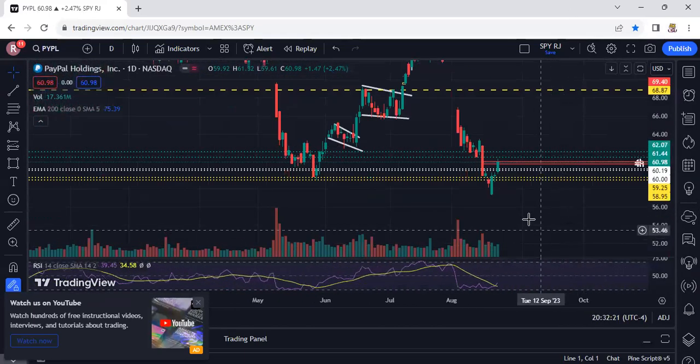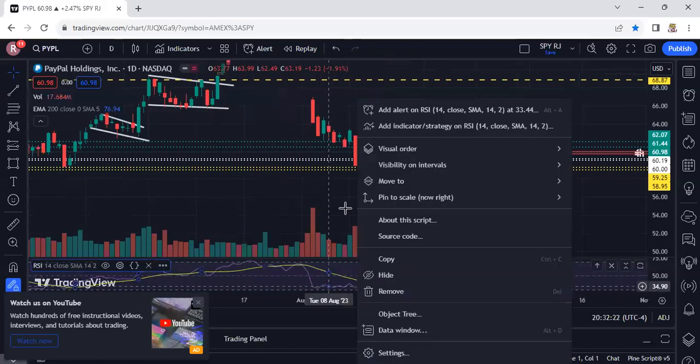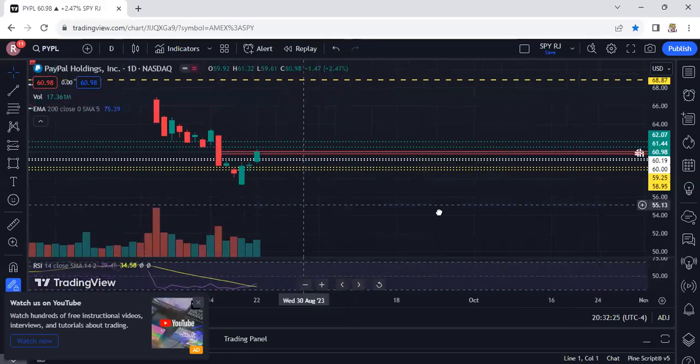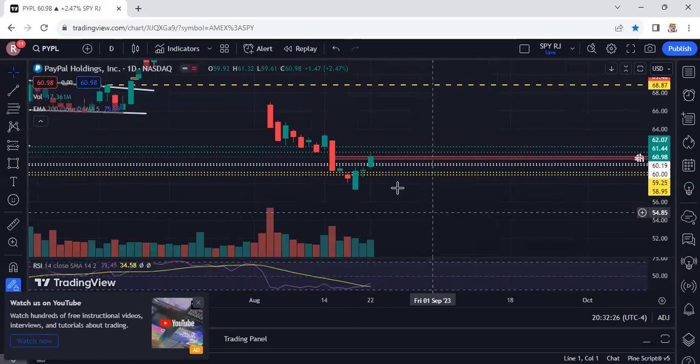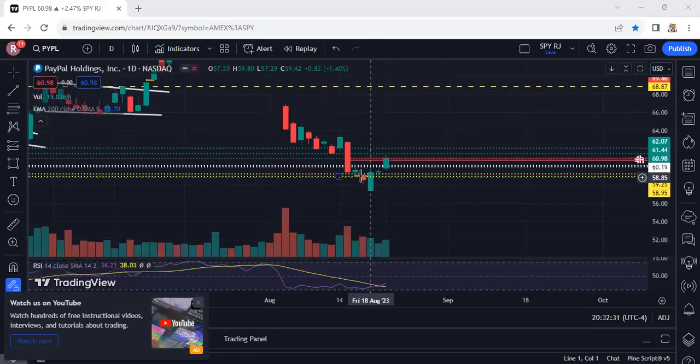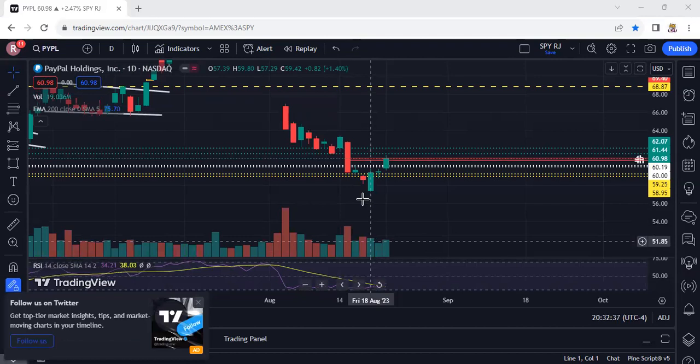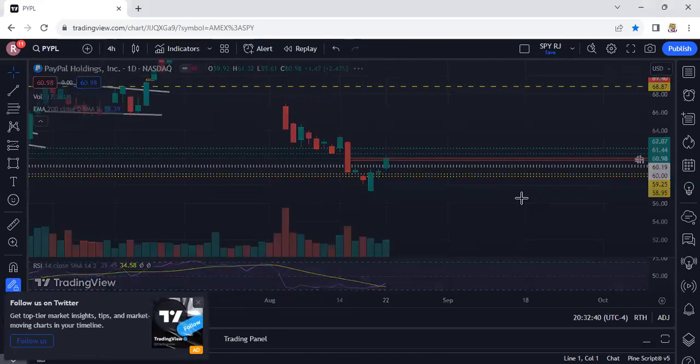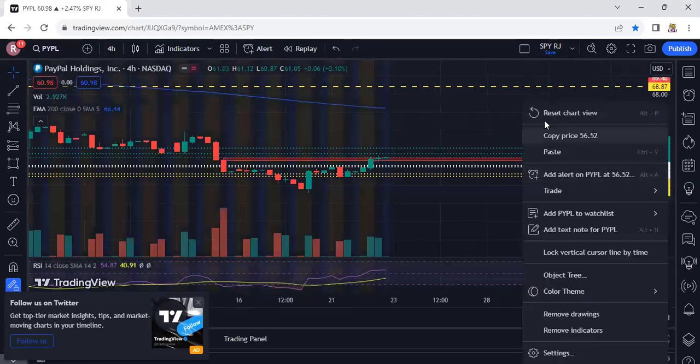But PayPal, while we're watching this, you've got to prepare, plan, execute, right? So I saw PayPal right here, a bullish engulfing on a daily, right? Since I know it's a bullish engulfing on a daily, I know that we can possibly take this to the upside. So you're looking for, where are my upside targets?